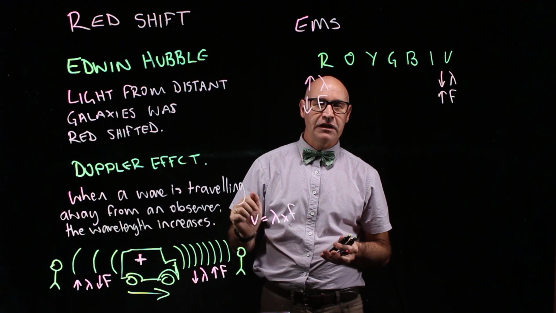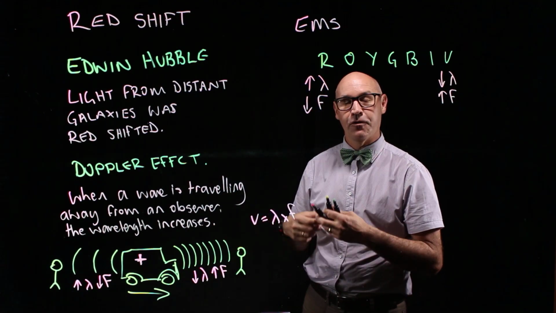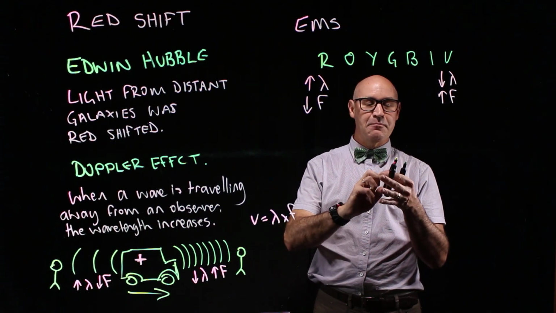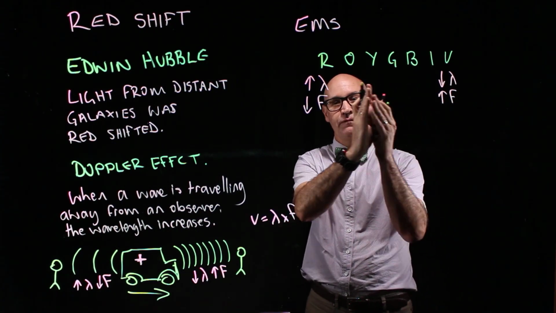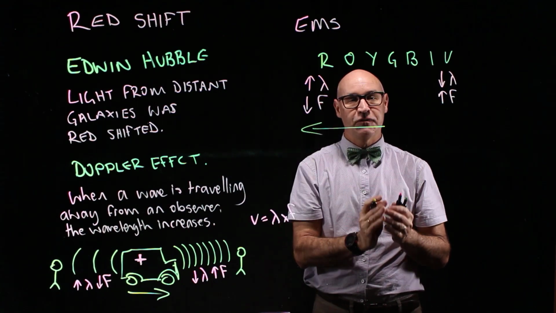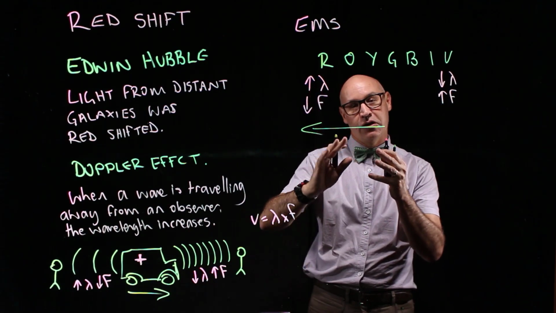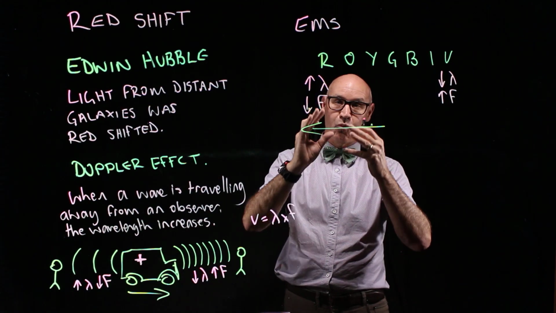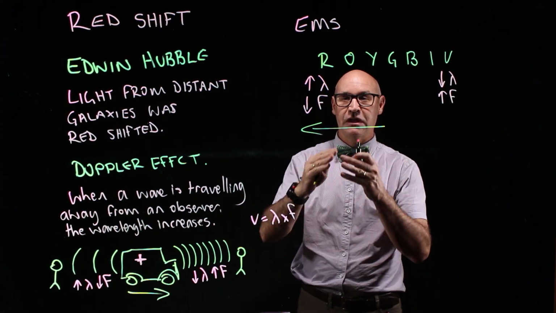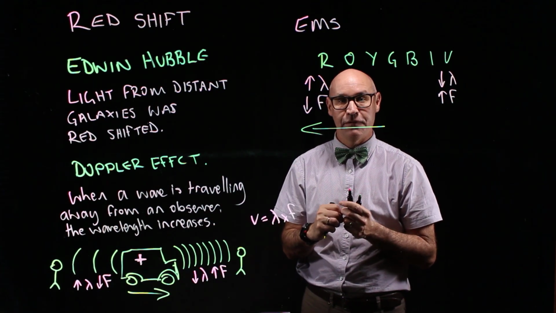Edwin Hubble identified that the light coming from distant galaxies was red shifted. That meant that the light had shifted towards this end of the spectrum. So the light coming from those distant galaxies had a longer wavelength.